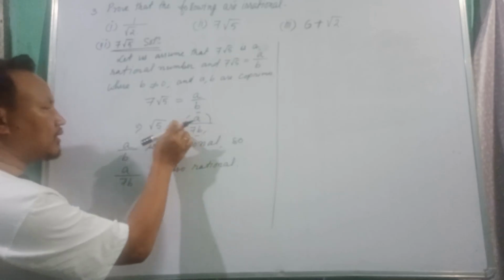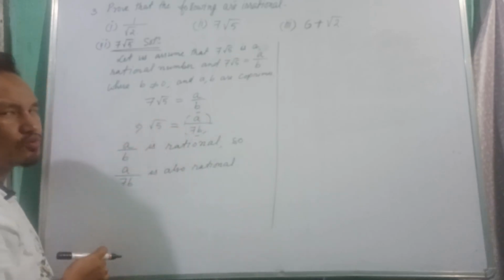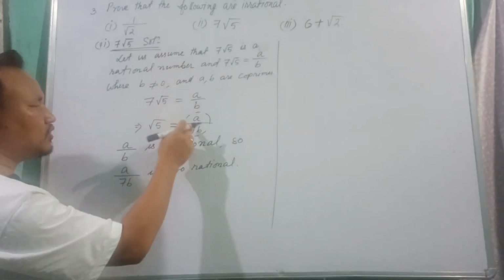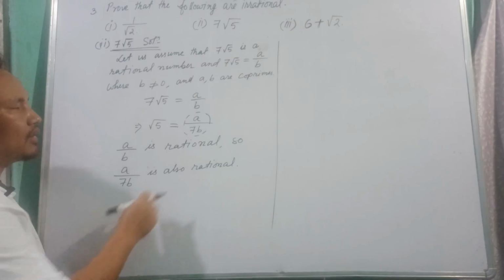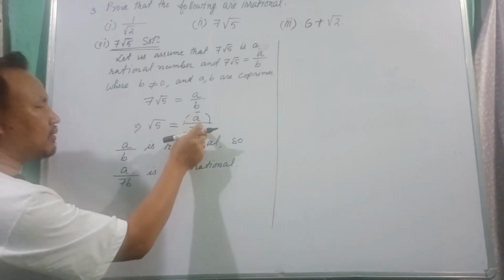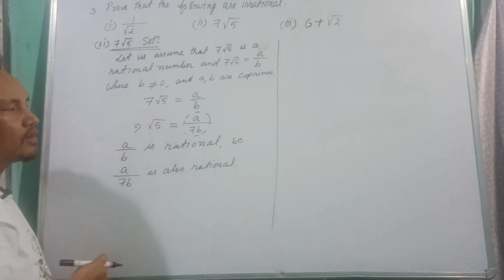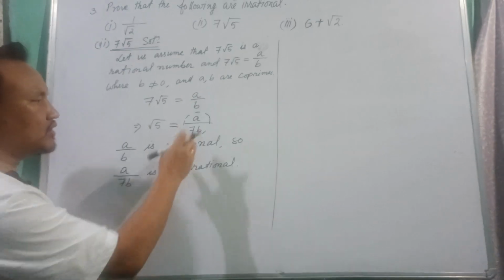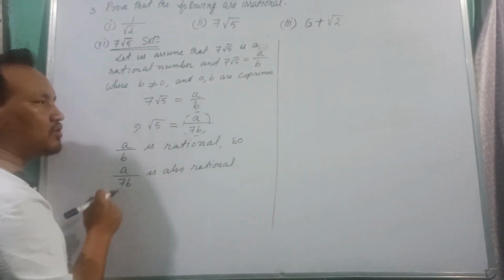Any rational number equal to a rational number should be a rational number. That means this equation is implying that root 5 is also rational, since the right hand side is rational, so the left hand side should also be rational.